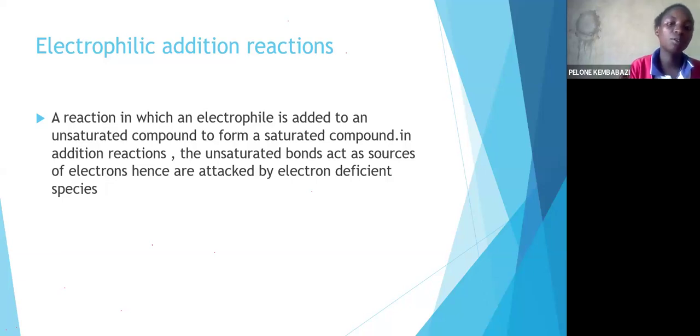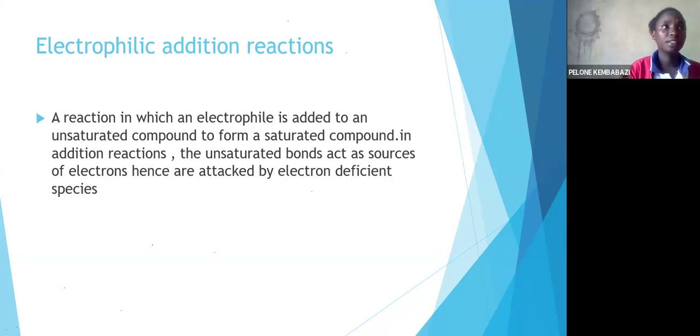These organic compounds have an extra bond added to them compared to those saturated compounds with single bonds. For example, alkenes have a double bond, and among those two bonds, we have a pi bond, as I believe you have heard about this.